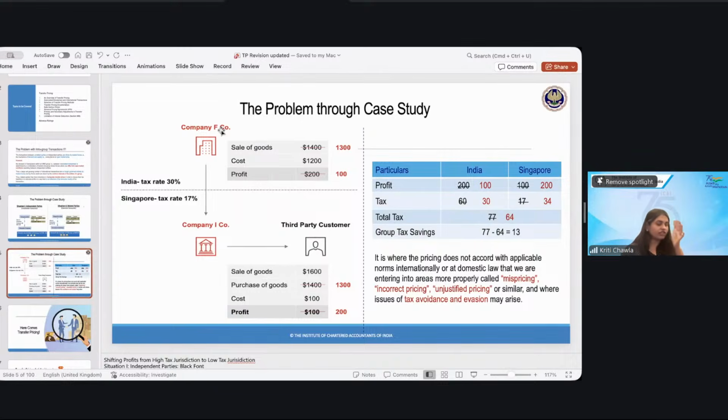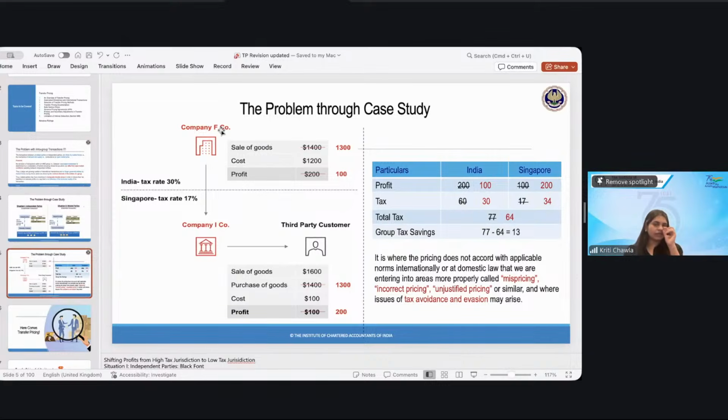So, how the transaction really flows is that company F manufactures a particular commodity in India, then it sells the commodity to company I in Singapore, and then company I sells the commodity to the third party customer. So what company F is doing is that it is selling its commodity to third party customers through a company in Singapore, and the tax rate in Singapore is 17%.